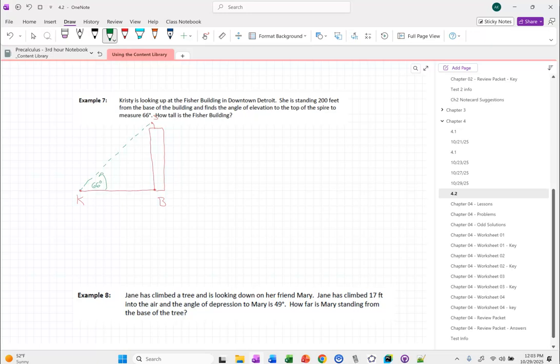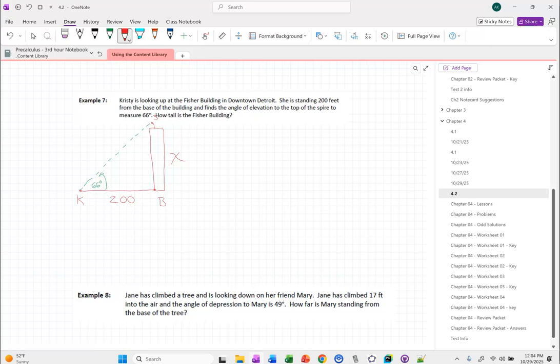She stands 200 feet away from the base. Where does that 200 go? Bottom, KB. And what are we looking to find? How tall is the building, which is SB. I'm going to just call that x for my unknown.